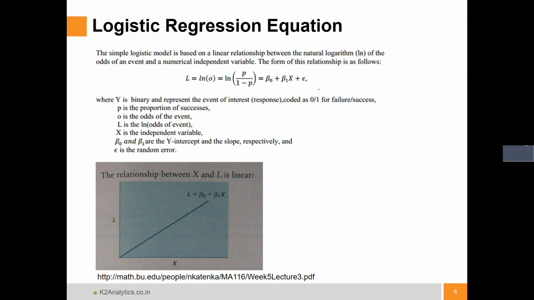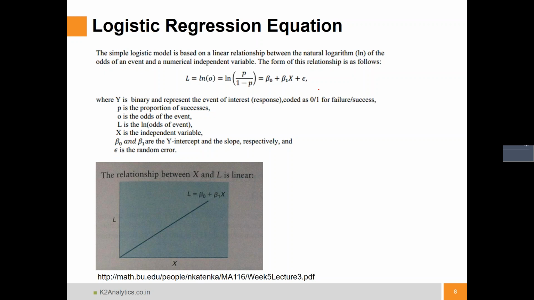What is the range of a linear regression? Minus infinity to plus infinity. If I develop a linear equation, the value of y, depending upon the value of x, can range from minus infinity to plus infinity.